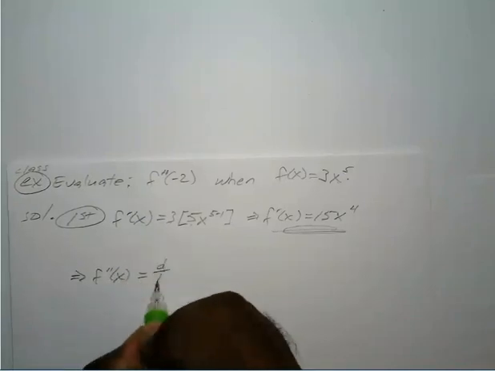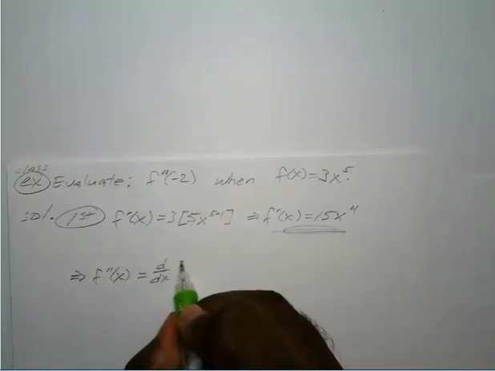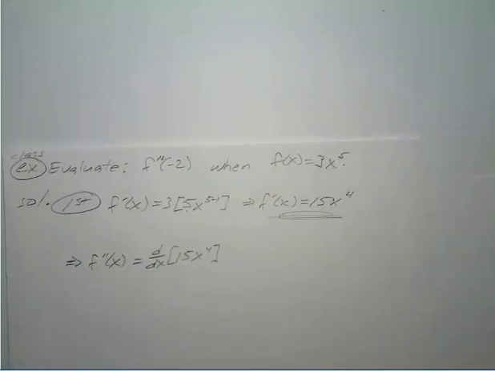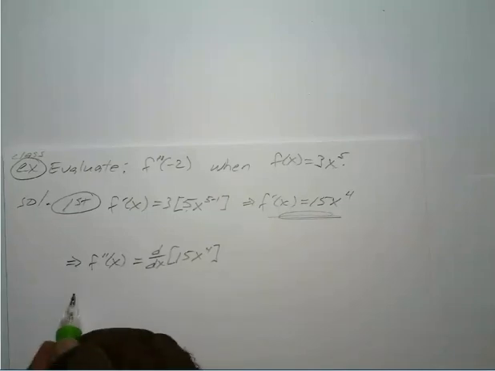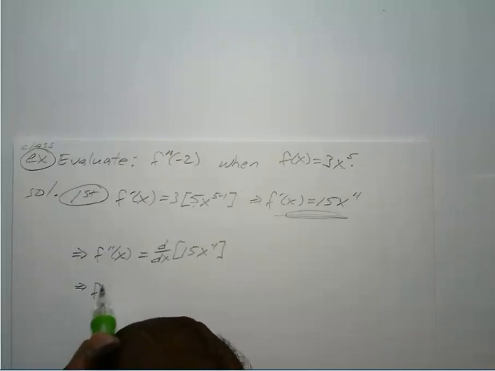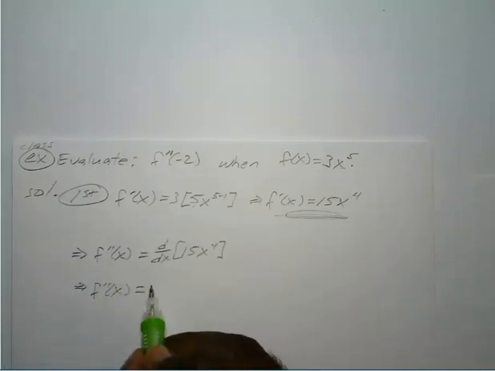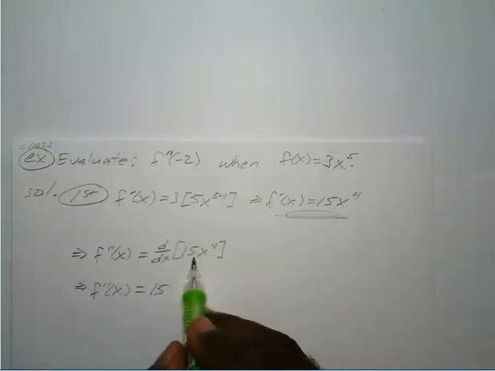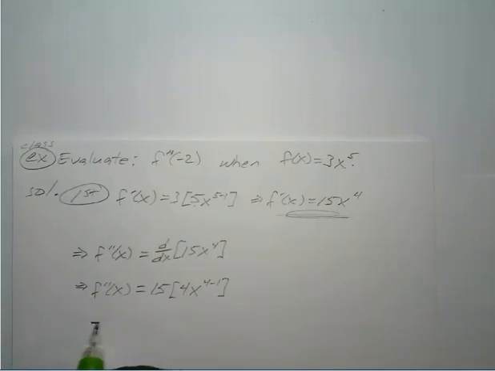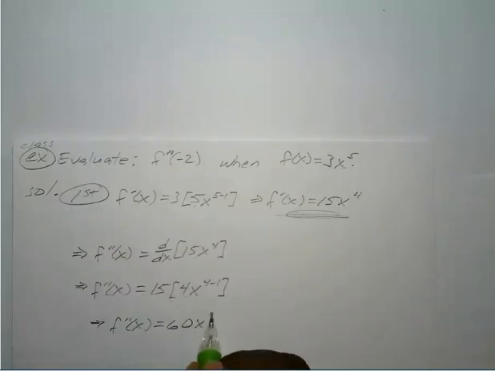Remember, that's just the derivative of your first derivative. Your second derivative is equal to 15, derivative of x to the 4th, which is 4x to the 4 minus 1 power. So that means our second derivative, 15 times 4 is 60, times x to the 3rd power.